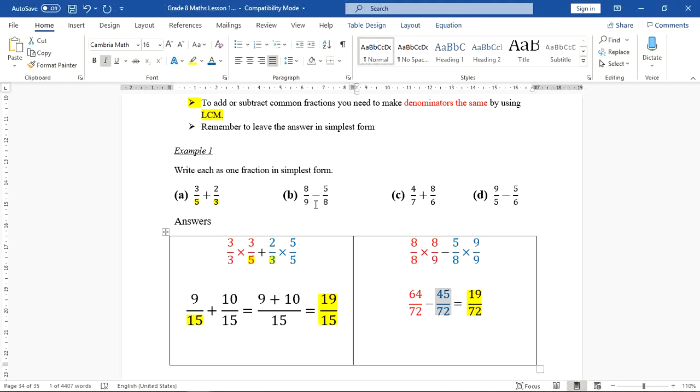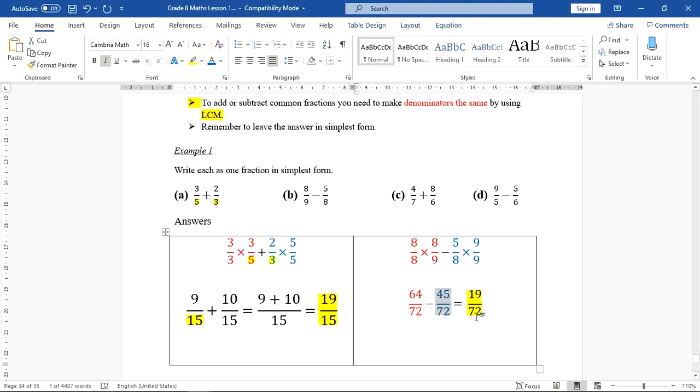How did you get 72? You just quickly multiply the two numbers if you don't want to list all the multiples of 9 and 8. That's a quicker way of getting it. So we multiply 8 over 9 by 8 over 8, and we multiply 5 over 8 by 9 over 9, and then we get 64 over 72 and 45 over 72, and that will simplify to 19 over 72.